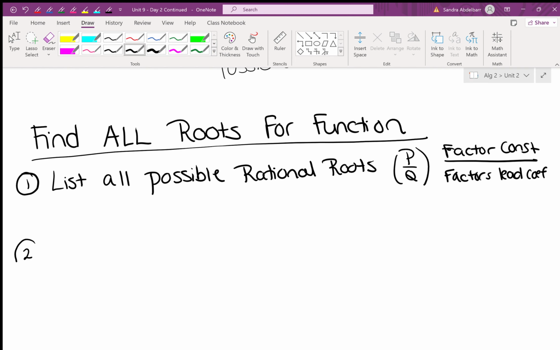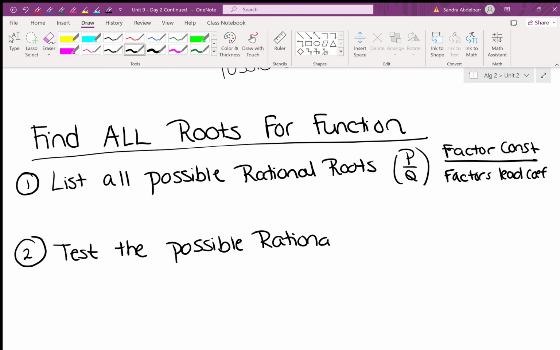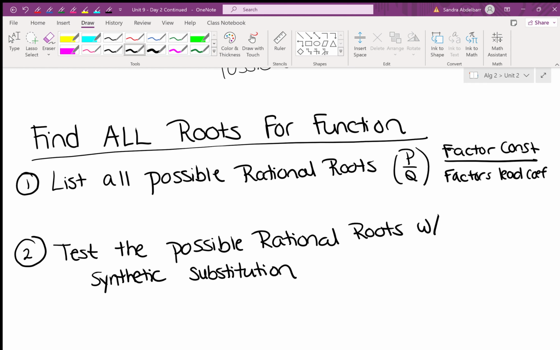Then we're going to test the possible rational roots with synthetic substitution. It's like synthetic division, to see which give a remainder of 0.